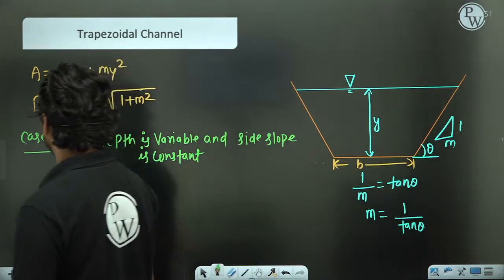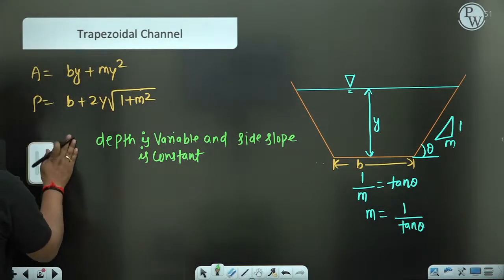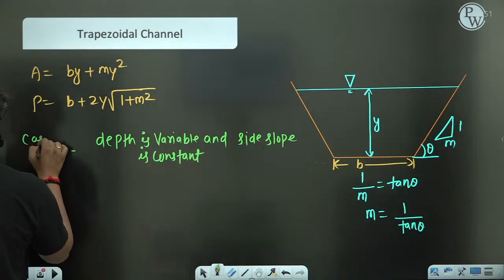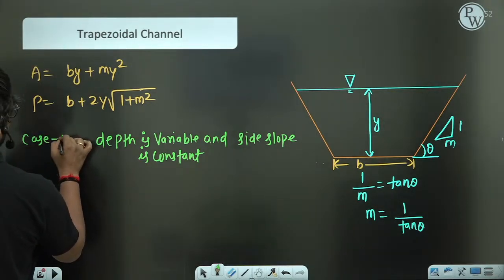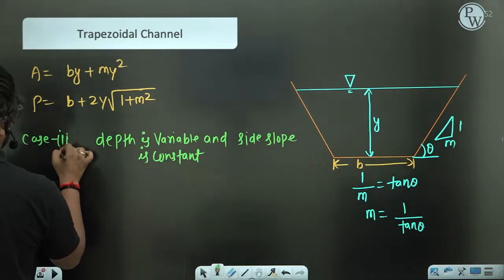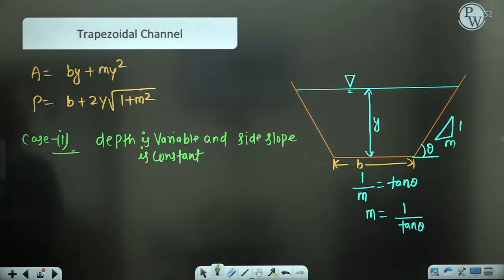Depth is variable and side slope is constant.